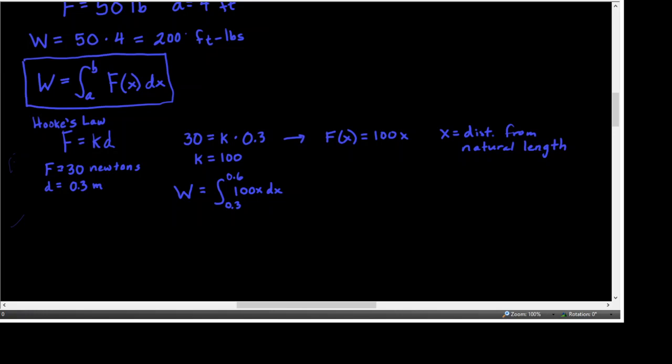Of course, this one is really easy. It's a very simple linear function, and its antiderivative is super easy, and I'm sure you can do it. So I'm not going to go through the process there. This is one that you can practice if you'd like. And you get 13.5 newton meters. Or if you prefer, you can say 13.5 joules.